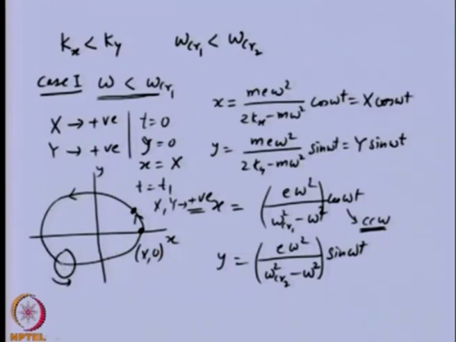So, we saw that for this case, when we are rotating the rotor below the first critical speed, and for this particular condition in which the second critical speed is more than the first one, we have the forward or the synchronous whirl condition. Synchronous whirl condition, both having the same direction of whirling.